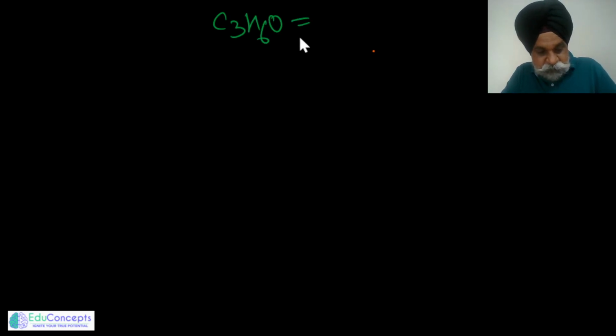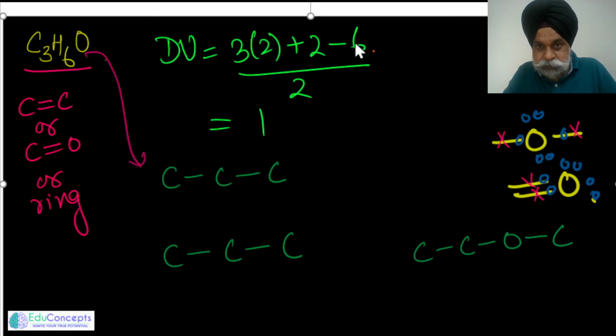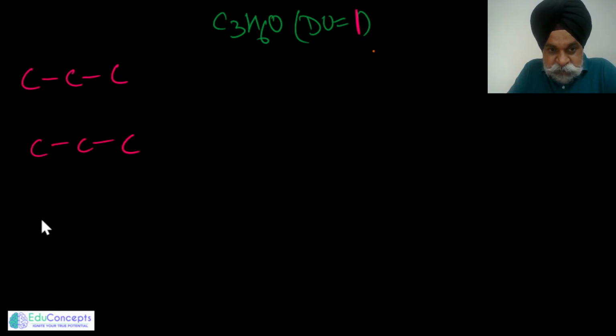We have C3H6O, for which we found that the degree of unsaturation came out to be 1. Oh, sorry. The degree of unsaturation came out to be 1. So since it came out to be 1, what possible things can we make? One possible thing I can make is keeping this oxygen as a single bond.